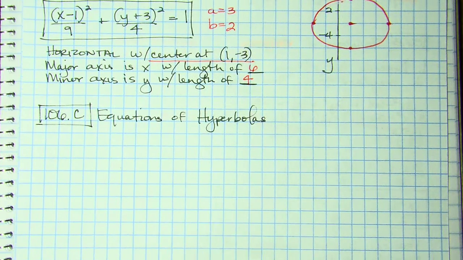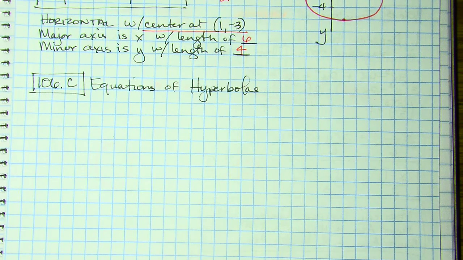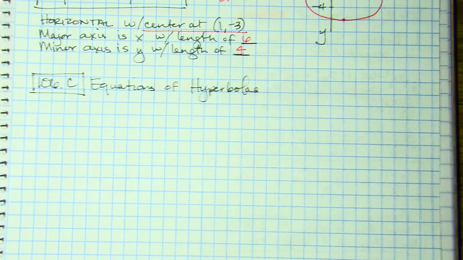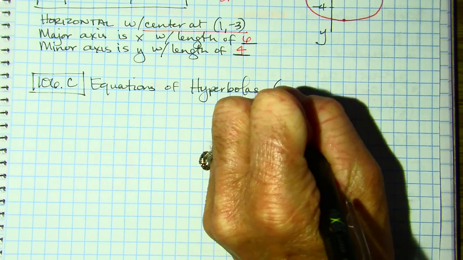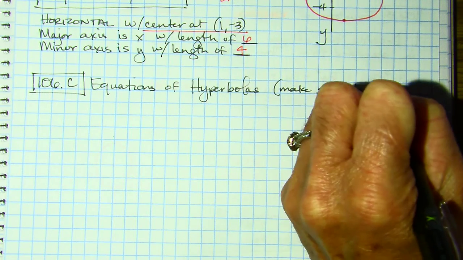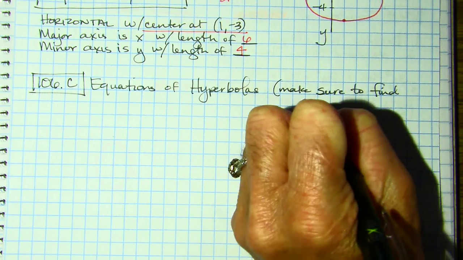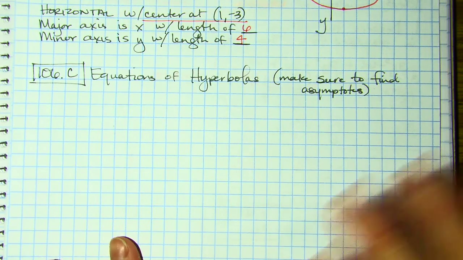The difference is we're working with hyperbolas. So remember that in a hyperbola, we're going to have to deal with our asymptotes. And it's going to be a little bit more complicated.